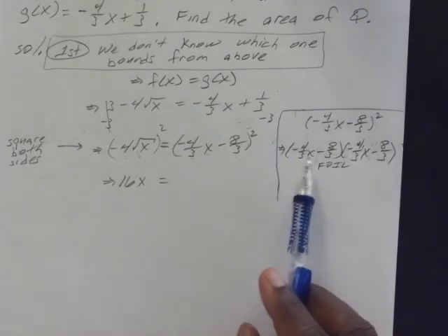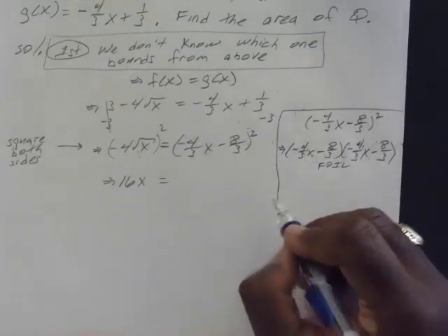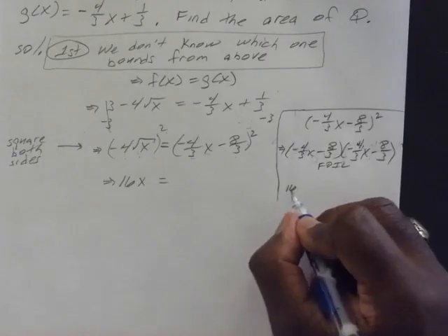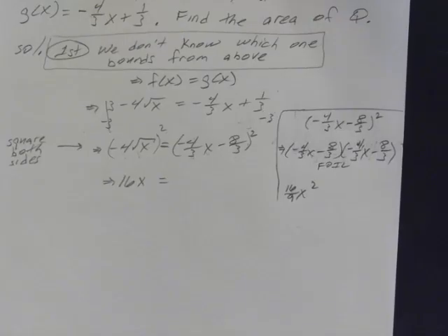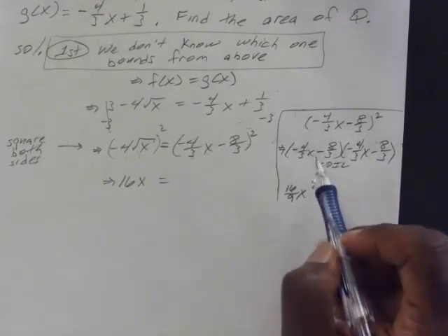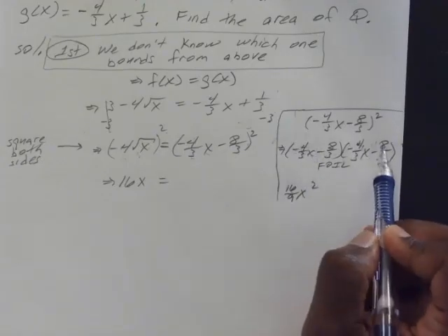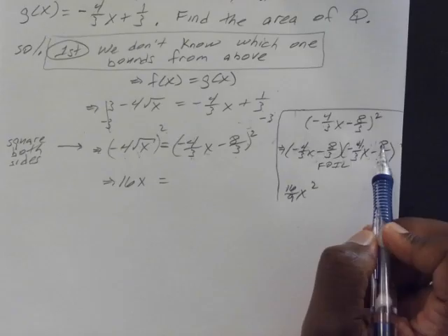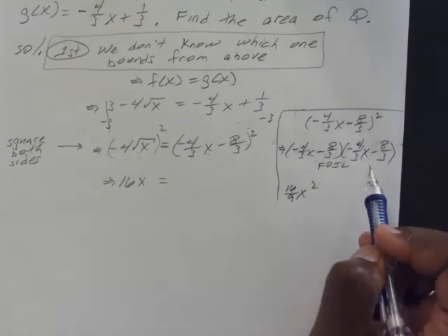Okay, so we have negative 4 over 3x times negative 4 over 3x, which is positive 16 over 9 x squared. In your outer, you have negative 4 over 3x times negative 8 over 3. So that's positive 32 over 9. And then your inner, positive 32 over 9.